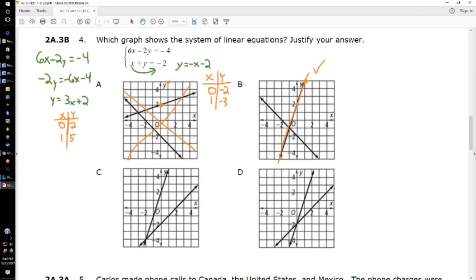Check. The other one is (0, -2) and (1, -3). Those are the other 2 points.